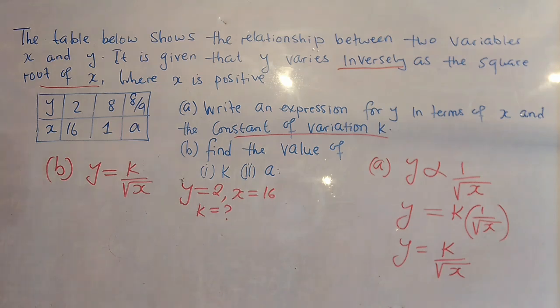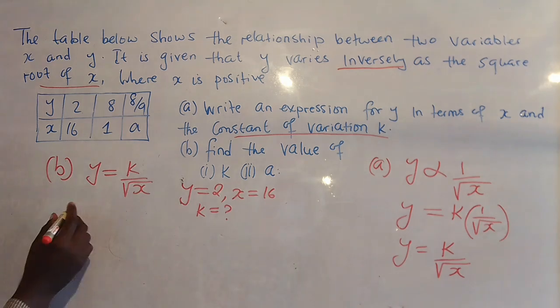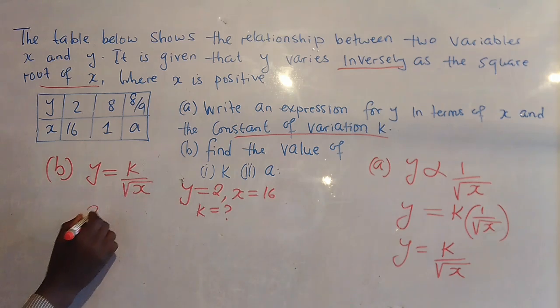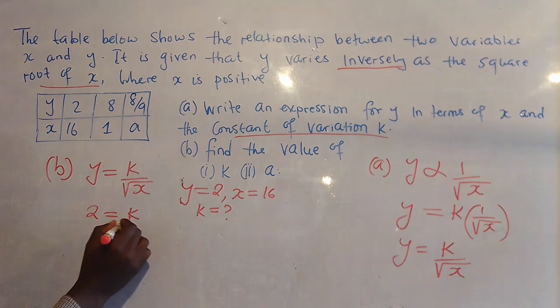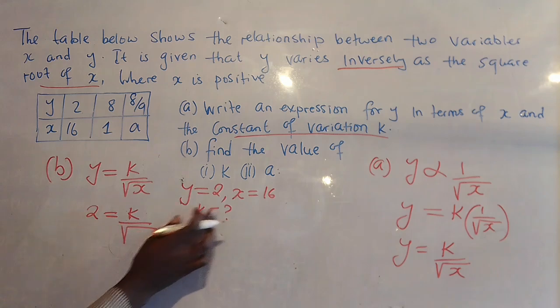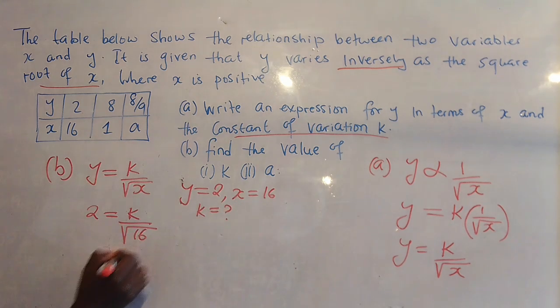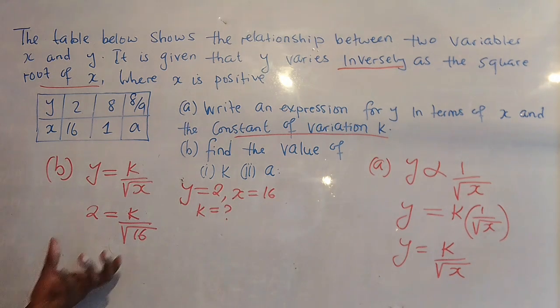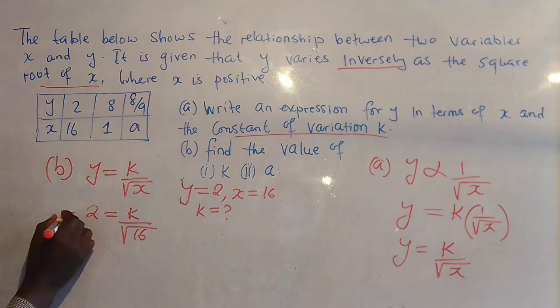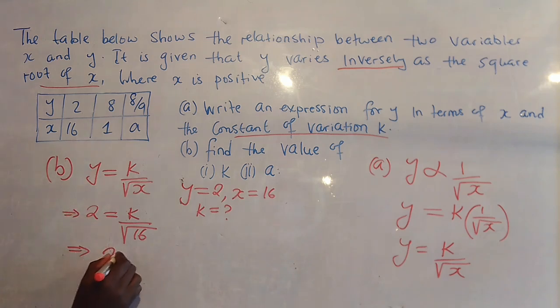What I'm supposed to do now is plug in. Where there is y, I put 2 equals k over the square root of 16, which is just 4.